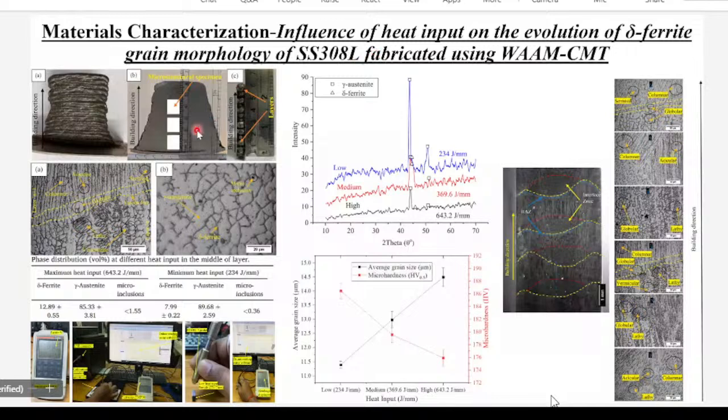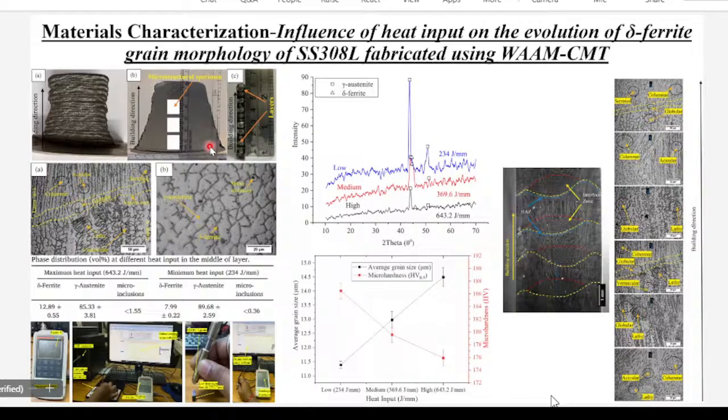In the raw material, the wire is austenitic, but when we are melting and laying it in the form of layers, heating and melting, the solidification criteria is like that. We have observed that it is following an FA mode of solidification, that is ferrite and austenite mode of solidification.